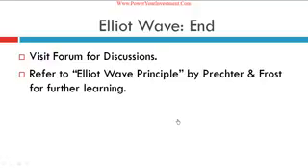Motive waves usually subdivide into either impulse or diagonals. In the impulse segment we studied extensions and truncations. In the diagonal wave segment we studied ending diagonals and leading diagonals. What we are doing up till now is just building a solid base.